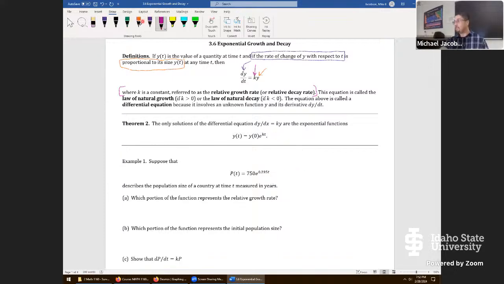So this right here is the solution to the differential equation dy/dt equals ky. So kind of weird in a sense.